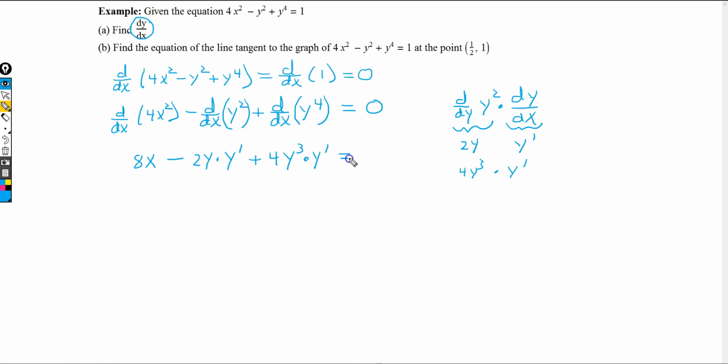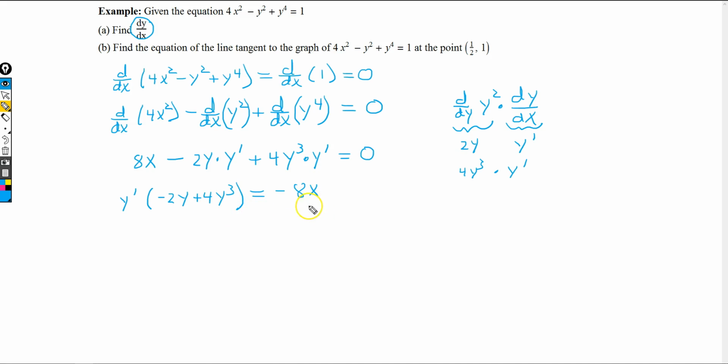Now all of this is still equal to 0, and we need to then solve for y prime. So let's just take the 8x over to the other side, factor out a y prime from what remains, and we get, so there we go.